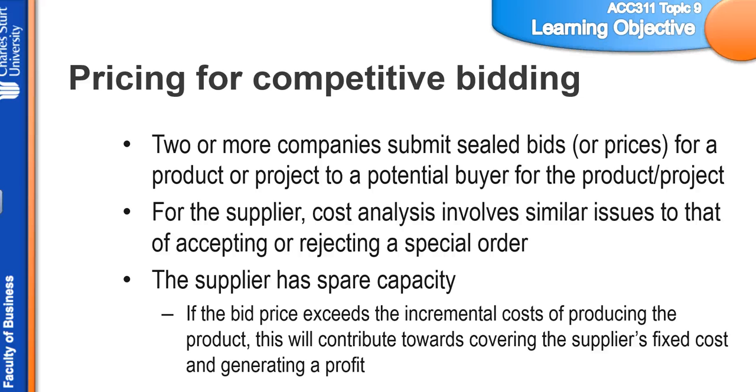If the supplier has spare capacity, and if the price bid exceeds the incremental costs of producing the product, this will contribute towards covering the supplier's fixed costs and generating a profit. So we're really looking at the capacity of the organisation and whether or not the price of the product will actually contribute towards covering the fixed costs.